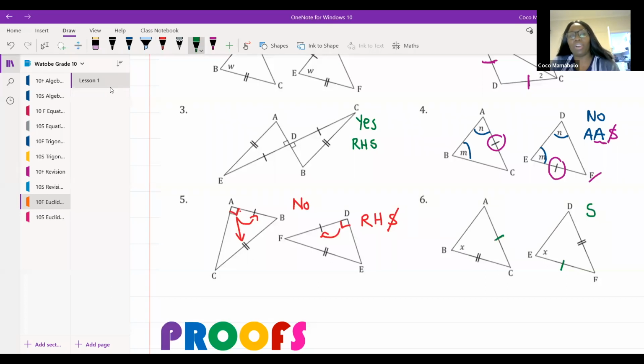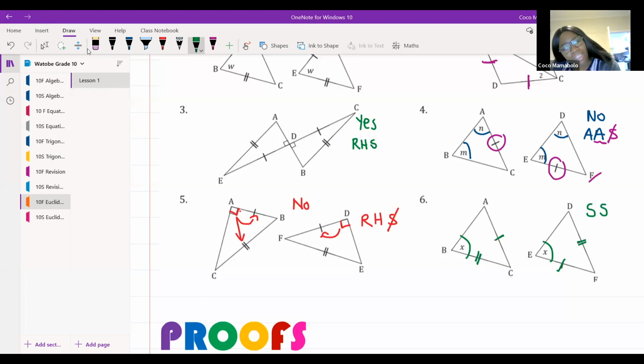We're going to have a look at this last one over here. Now I've got my side and my side, good. And then I've got my side over here and my side. Okay, I've got side and side. Now let's look at this angle that they've given us. The side with two lines is next to my angle in this triangle, and in the other triangle, the side with one line is next to my angle.